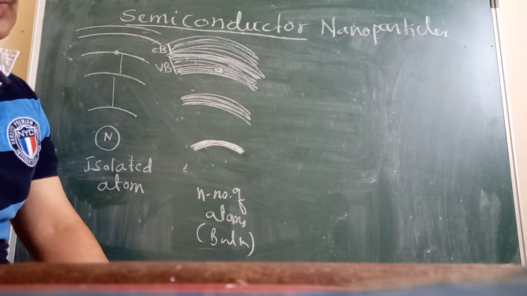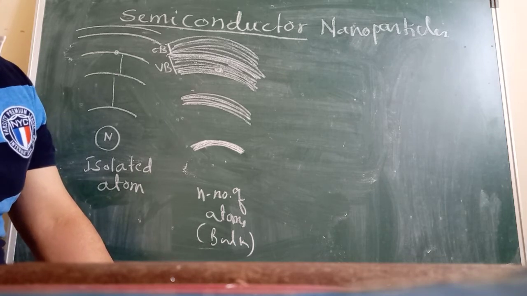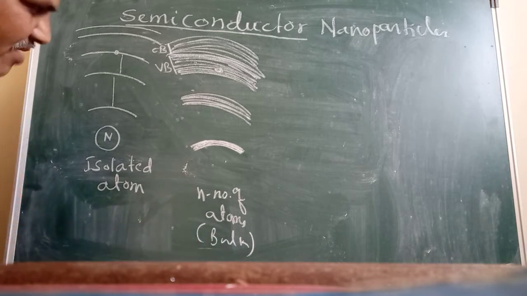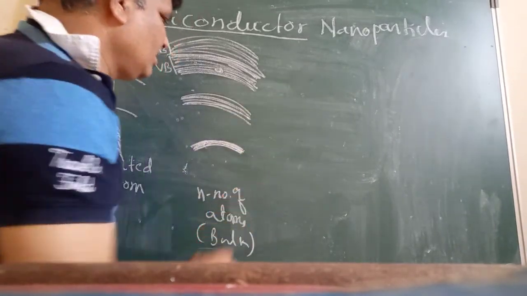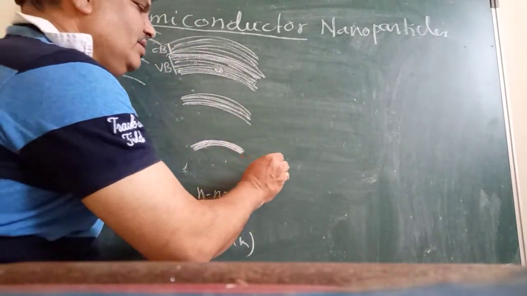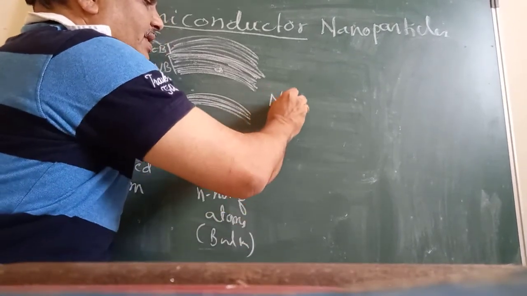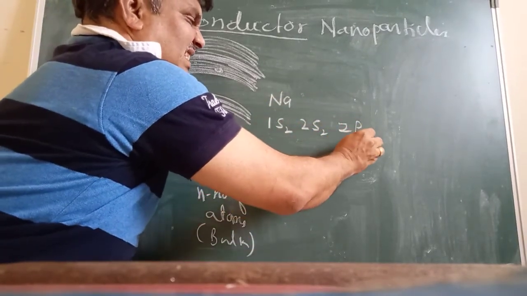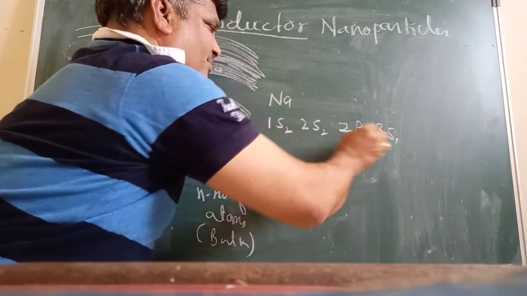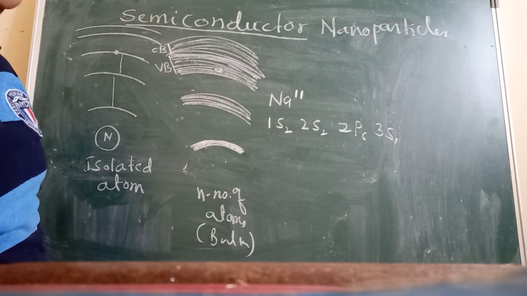In the case of sodium, 1s2, 2s2, 2p6, 3s1, because it has atomic number 11.